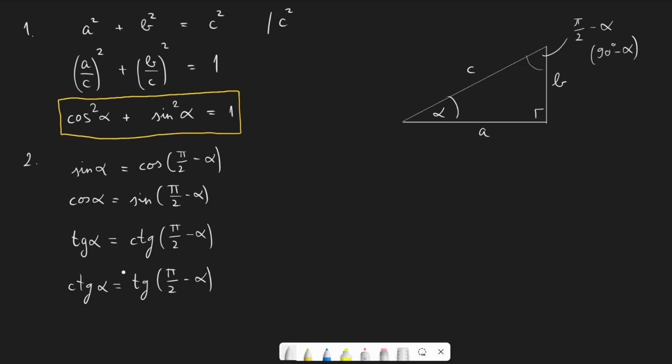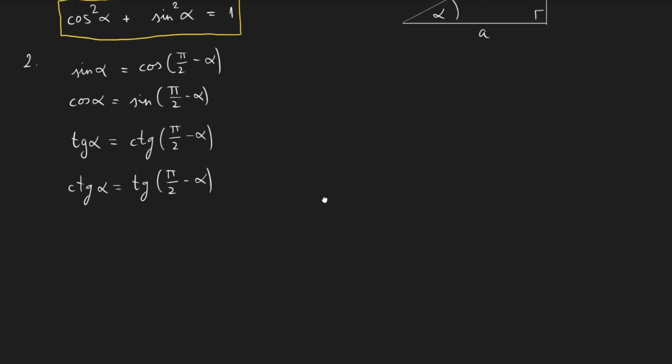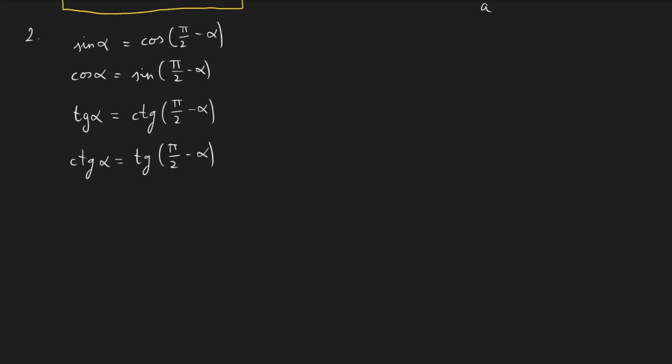And let's continue with the so-called Ptolemy's identities, which will be our third group of identities. This deals with the sine and cosine of the sum or subtraction of angles. So this is what Ptolemy's identities calculate.